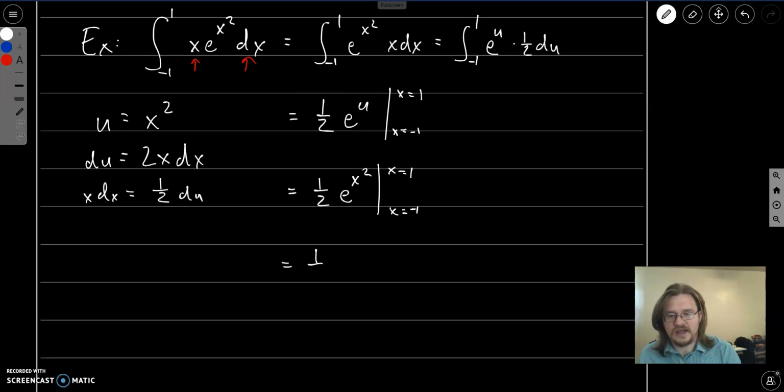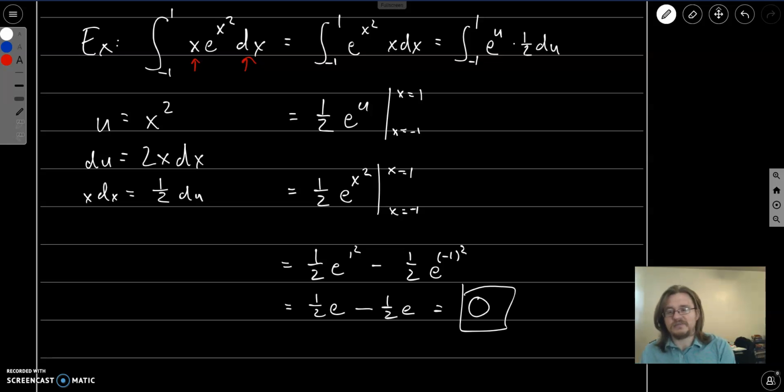So this is going to be 1/2 e to the 1 squared minus 1/2 e to the -1 squared. And what you'll notice is that 1 squared is 1. So this is just 1/2 e minus, and then -1 squared is also 1. So 1/2 e minus 1/2 e is 0.